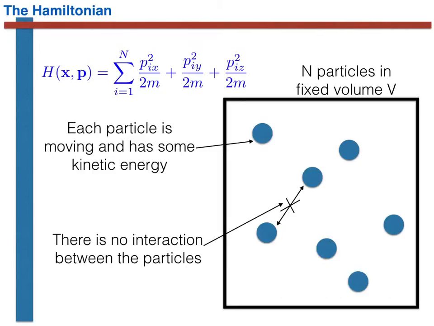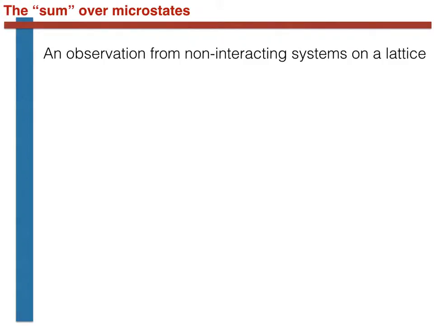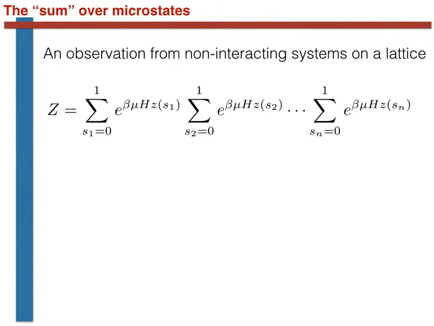Right. So having worked out what the Hamiltonian for this system is, let's see if we can work out how to do the other component of calculating the partition function, namely the sum over microstates. Well, actually, before we do this, let's just make our life a bit easier by recalling something that we learnt when we looked at the lattice gas. If you remember in that video, we found that when we manipulated the partition function, we got to a product of summations like the one shown here.